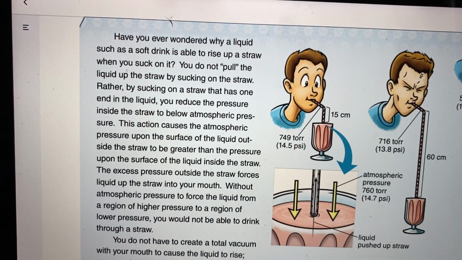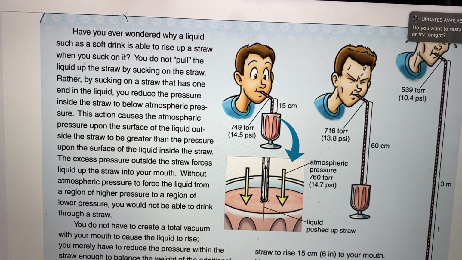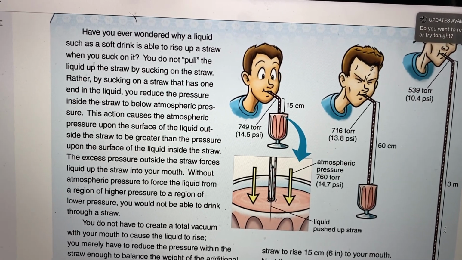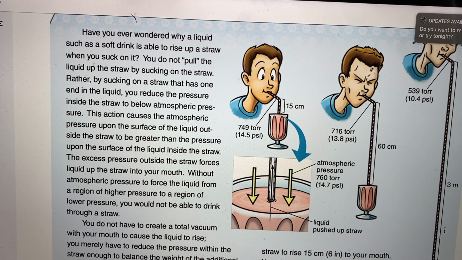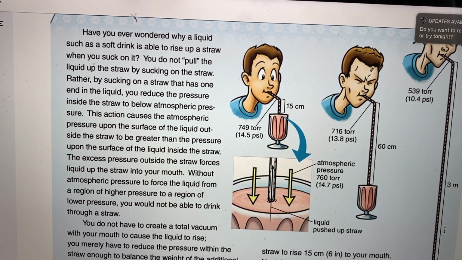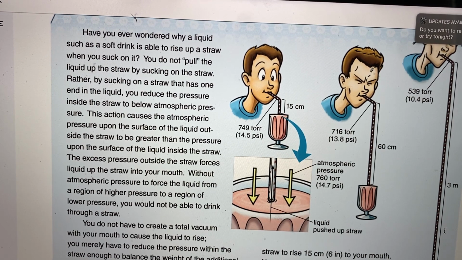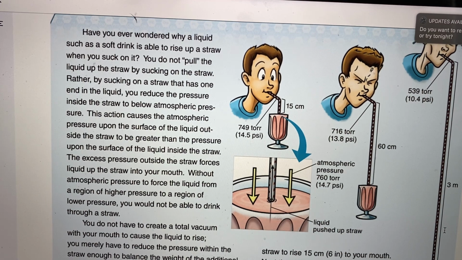So let's go to this little section here. It's kind of a neat little section. It's basically just talking about the pressure that you create when you're sucking on a straw and how the straw comes up with that pressure. So, the gas and pressure in milkshakes. You reduce the pressure in the straw when you're sucking on the straw.